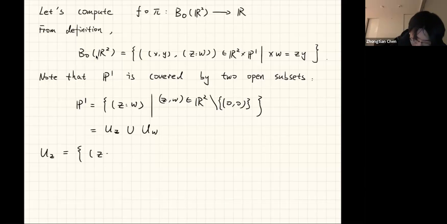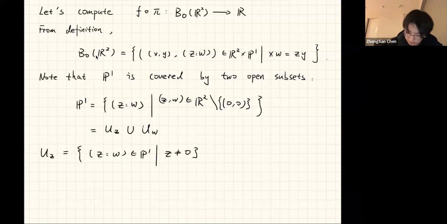UZ will be points in P1 so that Z is non-zero. The first coordinate is non-zero.